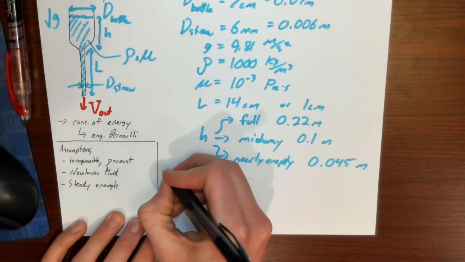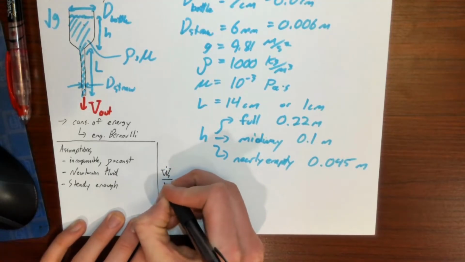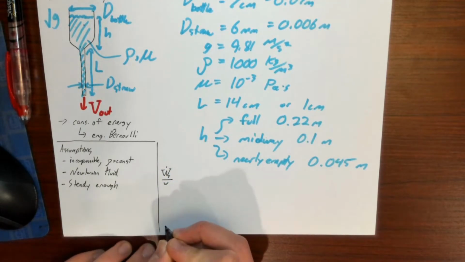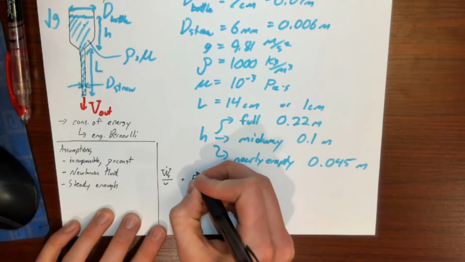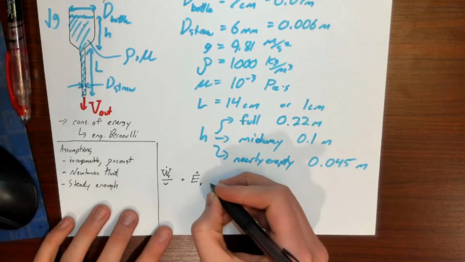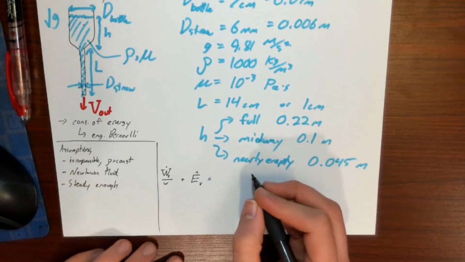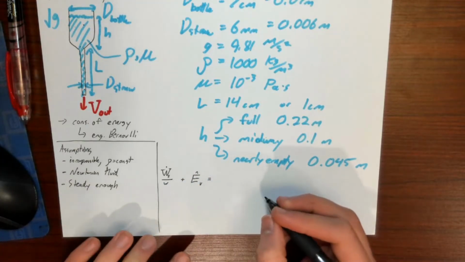So engineering Bernoulli, we have this Ws dot, which is the shaft work, divided by little w dot, which is the mass flow rate, plus this Ev hat, which is the viscous loss per unit mass term. Again, in my previous lecture I go into detail on all of these terms.